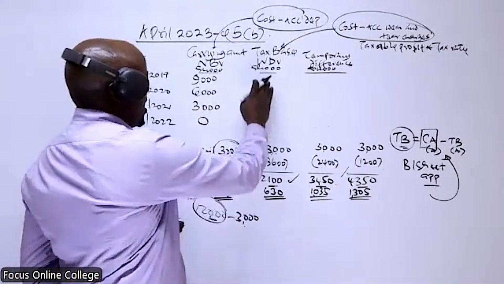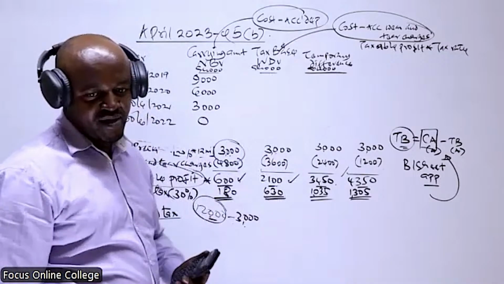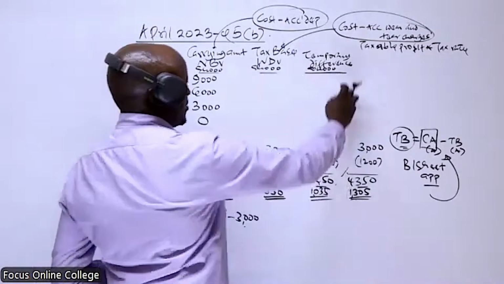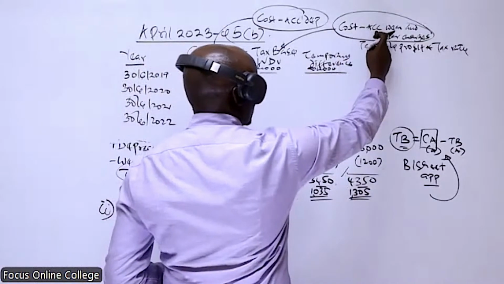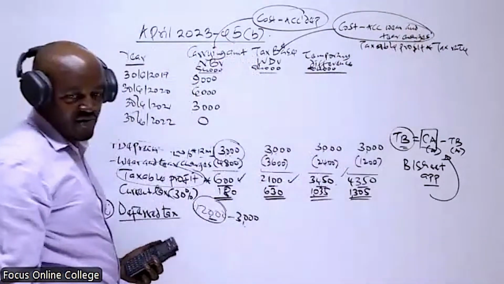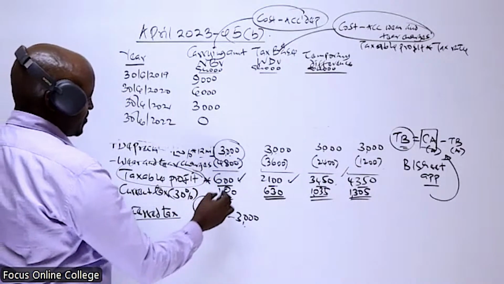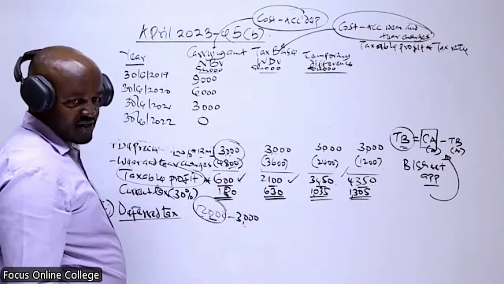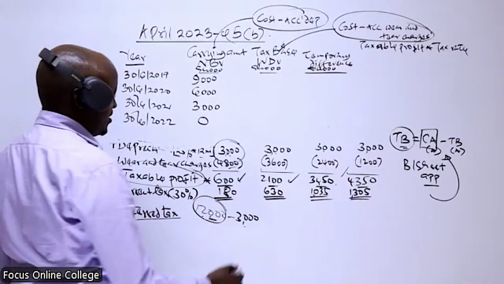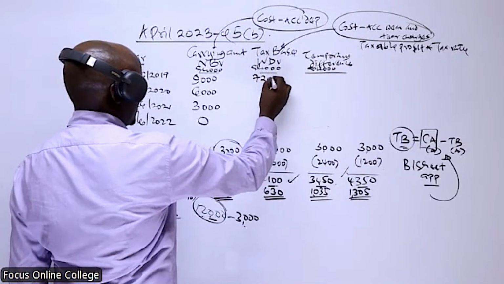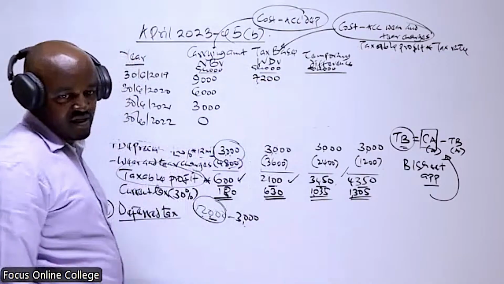How do we compute the written down value, or the tax base? We take the cost minus accumulated wear and tear charges. We have the wear and tear charges here. In the first year, we take the cost minus the wear and tear charge for the first year, which gives us 72.